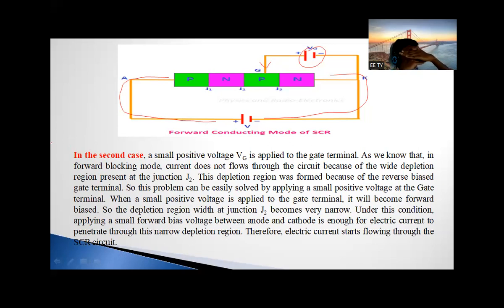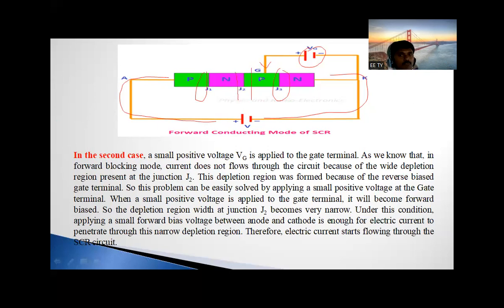Junction J2 is reverse biased, while junction J1 and junction J3 are already forward biased, because the positive supply is connected to the P type material and the N type material is connected to the negative supply. So the depletion layer is formed at J2.